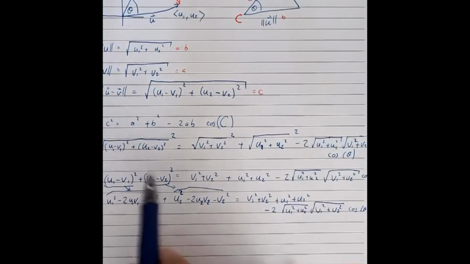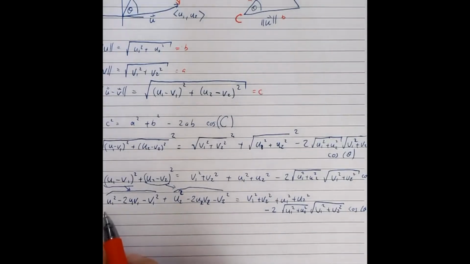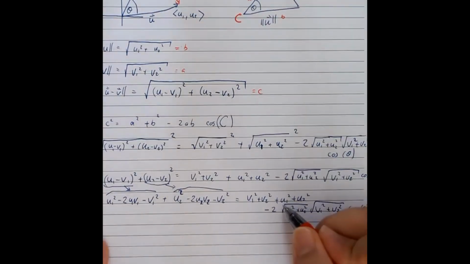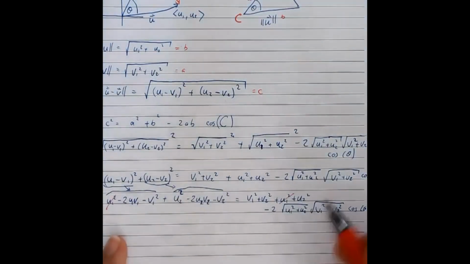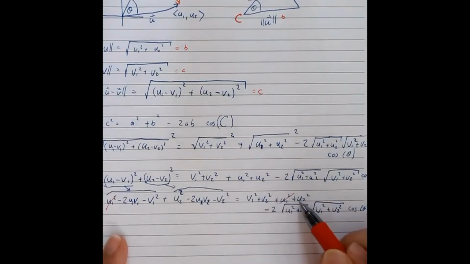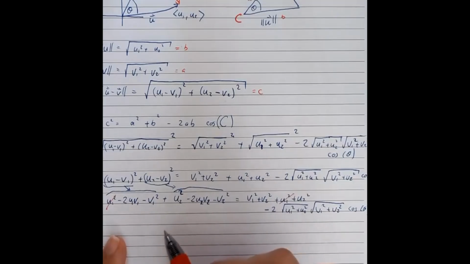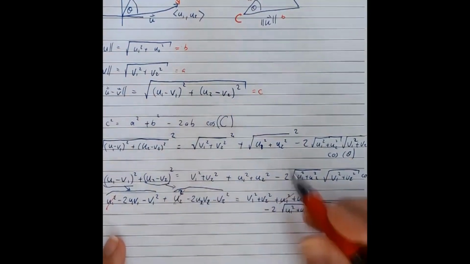Okay. So here, on this side of my equal sign, I multiplied it out. Over here, I haven't changed anything. Notice now a bunch of things cancel. Hey, look. u1 squared is on both sides of my equal sign. So if I just subtract u1 squared from both sides, that's gone. Hey, look. u2 squared is on both sides of my equal sign. Right here. So I can cancel those out.